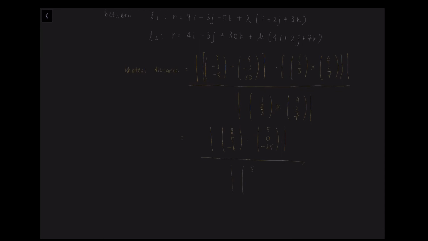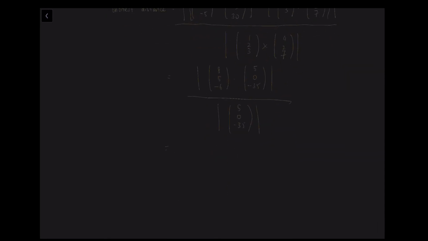So the modulus of 5, 0, and negative 35, we can find it by the square root of 5 squared plus 35 squared, which is 5 root 5. And plugging all the values into the calculator, we will obtain the shortest distance as 10 root 5.